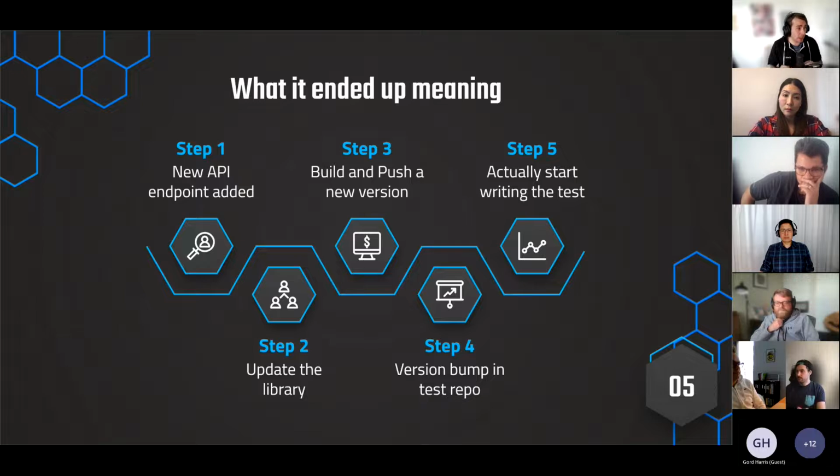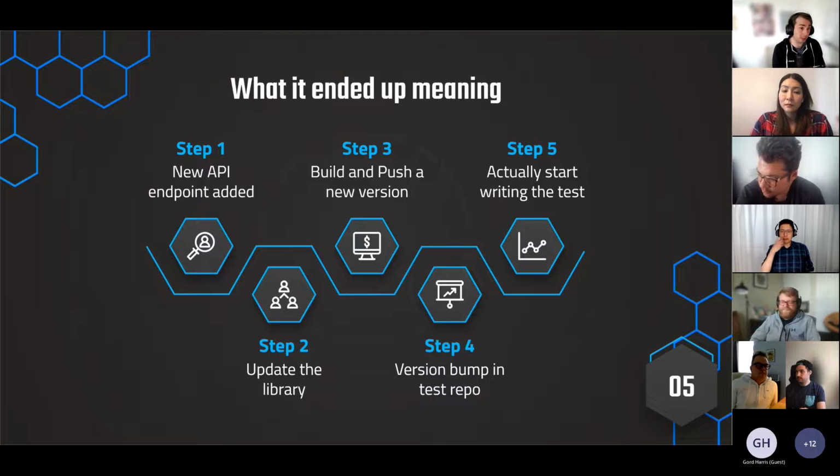What it ended up meaning is the backend team adds a new API endpoint, which happens fairly often in API testing. We'd then have to go and update our library, add the new API endpoint in, a lot of copy paste code, a lot of rushing to get it out. We'd have to build and push a new version. Once again, private repository, because these are not public endpoints now.